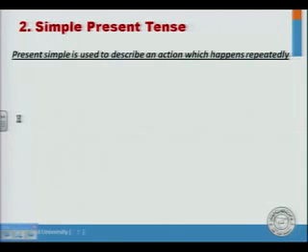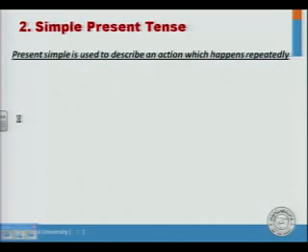Just to differentiate between Arabic and English, in Arabic we just have the present verb, الفعل المضارع, الفعل الحاضر, but in English we have 3 kinds of present, 3 أنواع من الأفعال في اللغة الإنجليزية المضارعة. We have simple, continuous, and perfect. البسيط والمستمر والتام. But in Arabic we just have فعل مضارع.